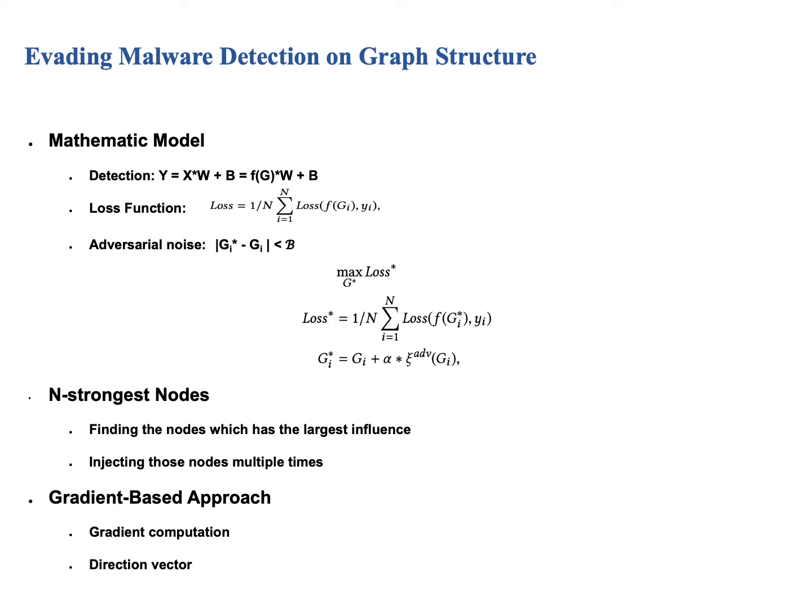For the n-strongest node way, as a first step, we should find the node which has the largest influence in the graph, and then we inject those nodes, the n-strongest nodes, multiple times into the original graph in order to evade the detection system. And for the gradient-based way, of course, we should calculate the gradient, and then we define a direction vector to find our modified graphs.